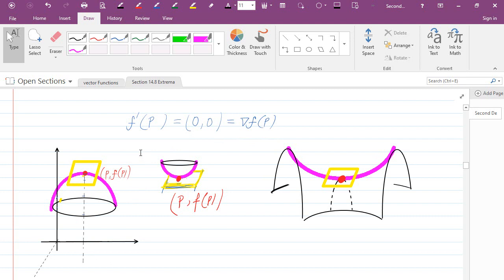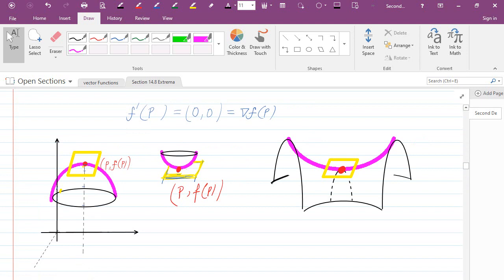Because recall, from our discussion on tangent planes, that at this point the normal vector is given by fx, fy, and -1.